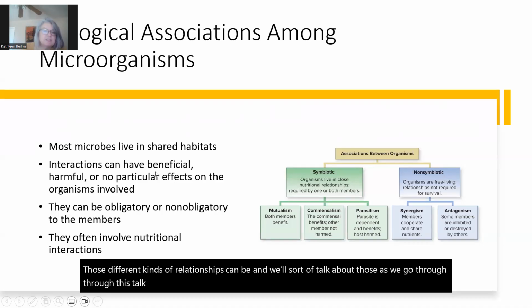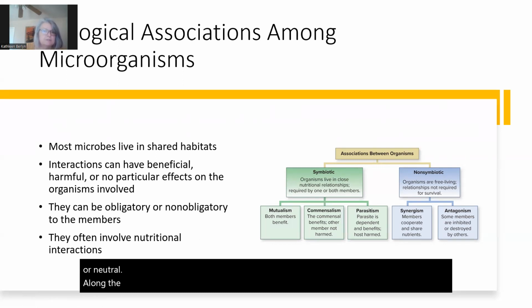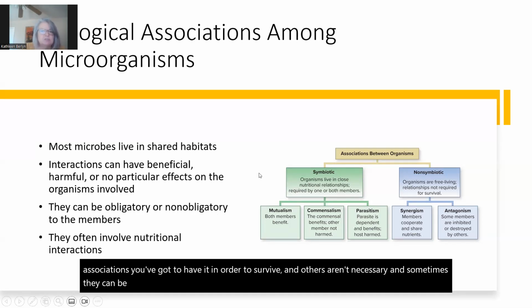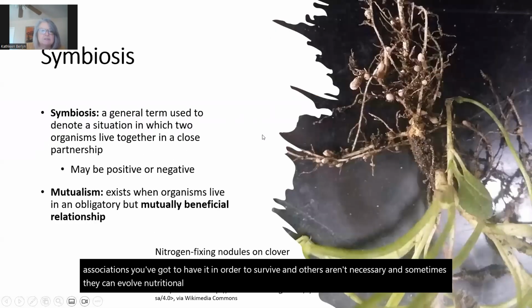So these interactions that microorganisms can have can be beneficial, harmful, or neutral among the organisms that are involved. They can be obligatory or non-obligatory. So some associations you have to have in order to survive, and others aren't necessary. And sometimes they can involve nutritional interactions. So let's go through these.